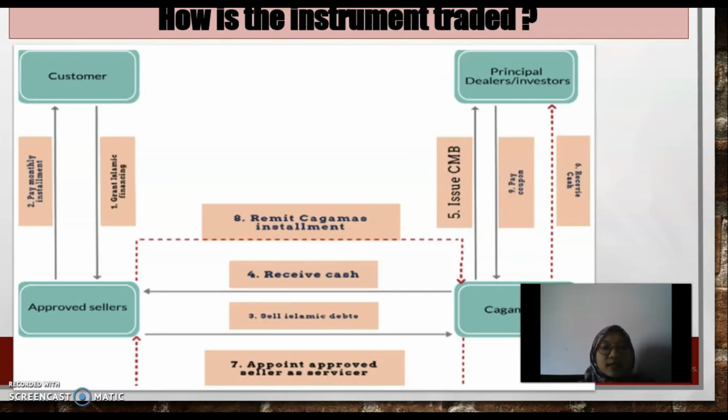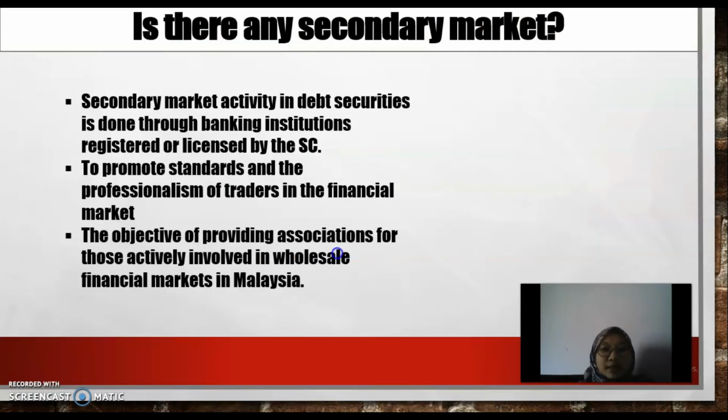The seller sells Islamic debt to Cagamas and receives cash from Cagamas. Cagamas issues Cagamas Berhad securities to the principal dealer and investor, and also receives cash from them. Cagamas appoints the seller as servicer and then the seller remits the installments to Cagamas. Lastly, the principal dealer and investor receive coupon payments from Cagamas.